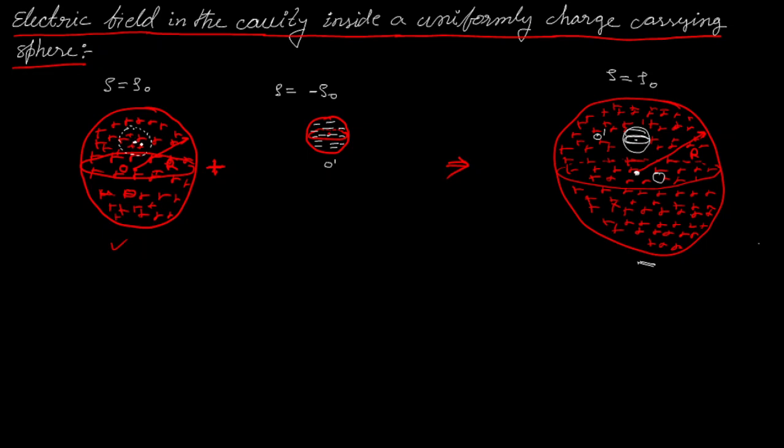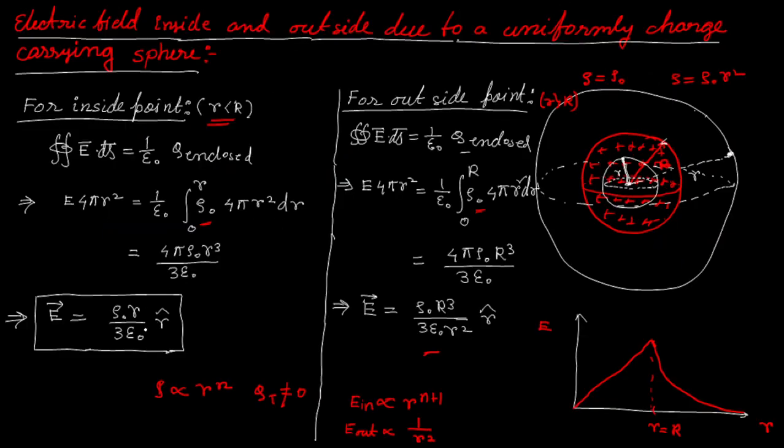Let's say this is the center of the cavity, and consider a point P. If we want to calculate the electric field at point P, we simply connect it with O. Because now we are considering that there is no cavity, this point lies inside a uniformly charged sphere, and we already know how to calculate the electric field inside it. It will be rho naught r divided by 3 epsilon naught, r cap, for positive charge.